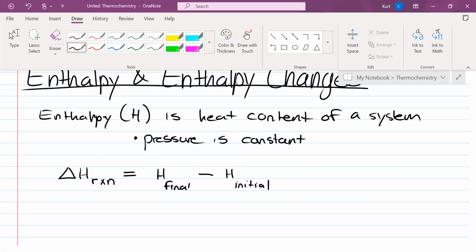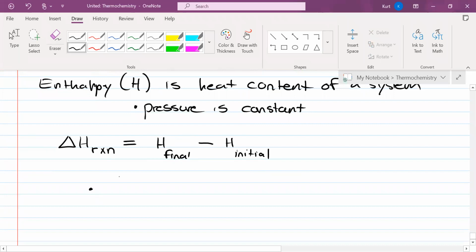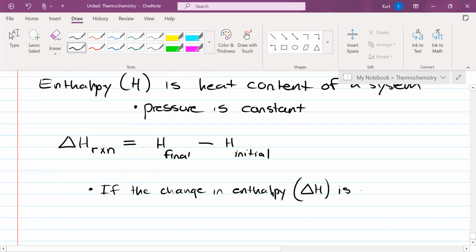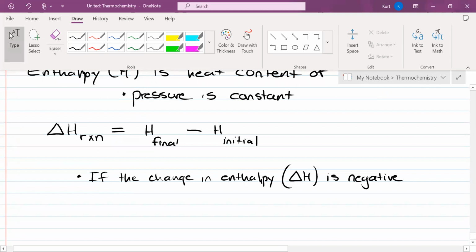This is how you're going to be able to calculate the change in enthalpy of a reaction. Now, something to keep in mind. If the change in enthalpy, which would be delta H, is negative, do you think this would indicate that heat is being lost by the system or heat is being gained by the system?